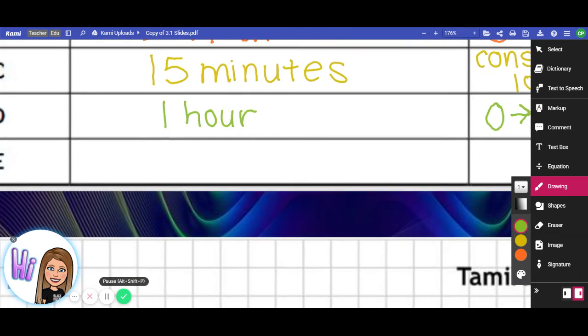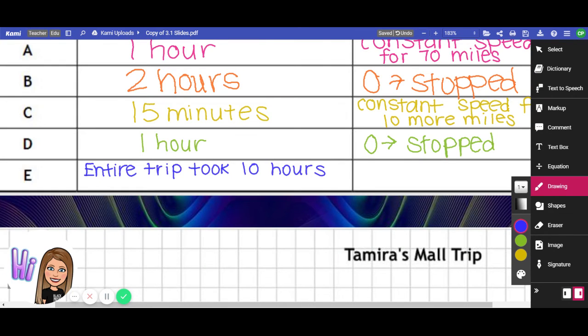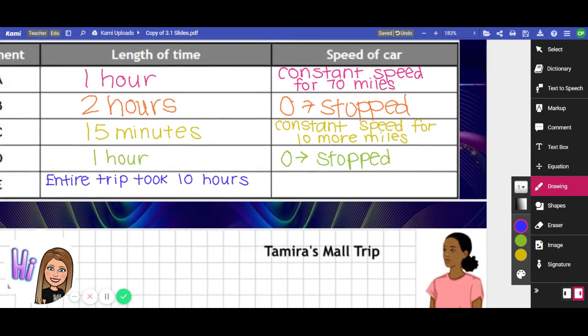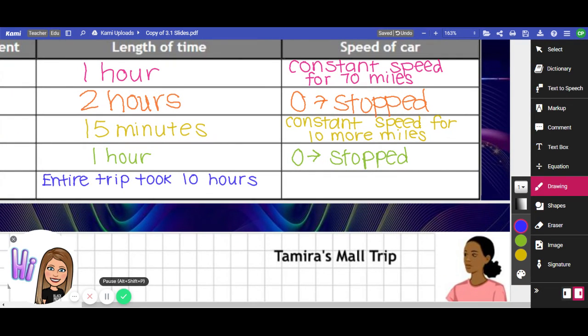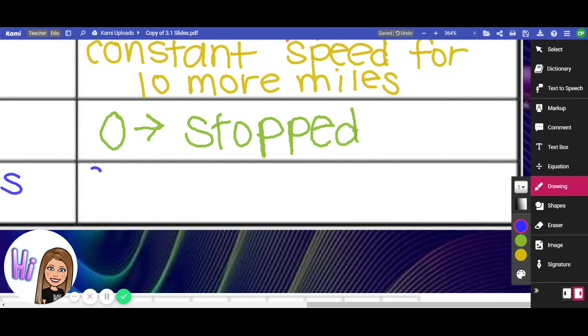For the time on this last segment, we're not really sure, but we do know that the entire trip took 10 hours. So I'm going to write that in the box. And then our speed was a constant speed for the entire 80 miles back home.